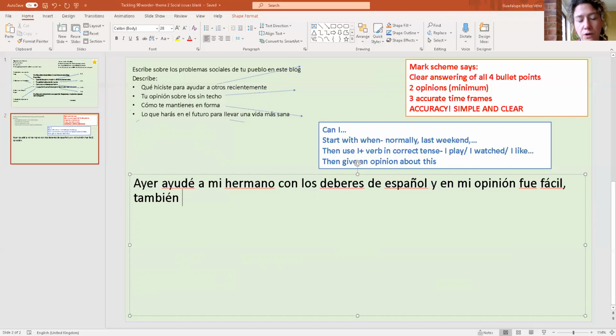So I bought, to buy, comprar. So el año pasado, hoy. Because this is an a verb, I need to add e. Compré un café for a homeless person. Para un sin techo.